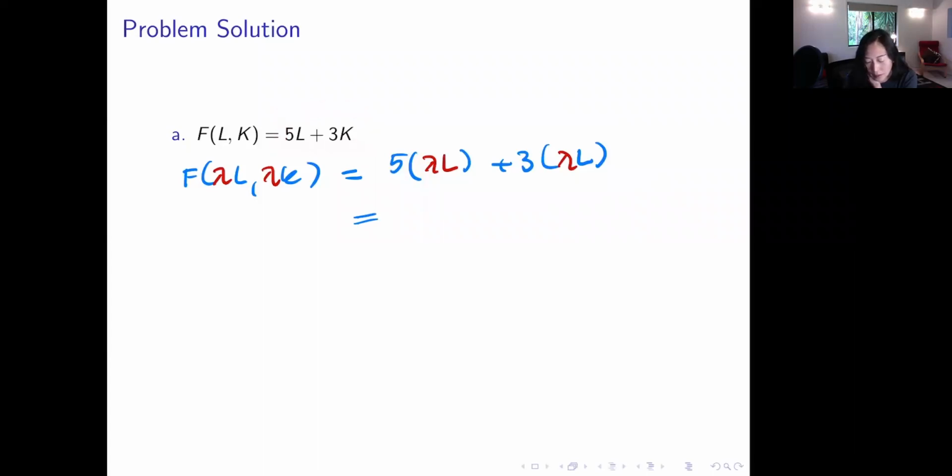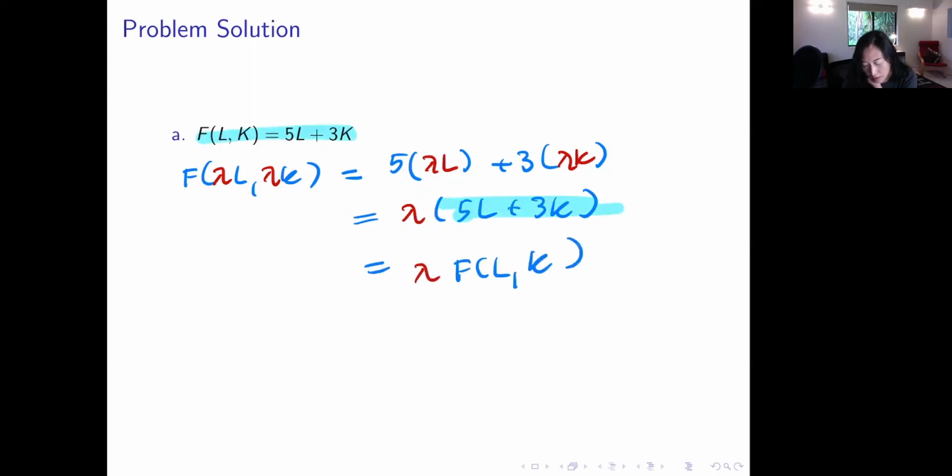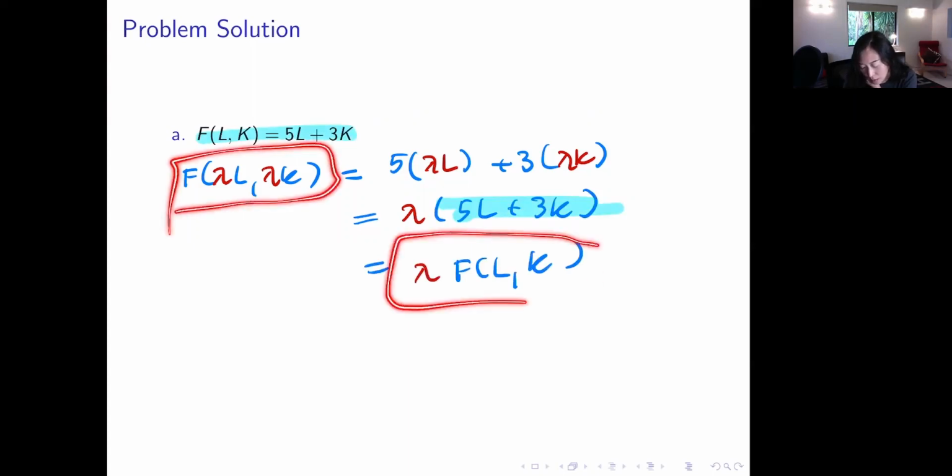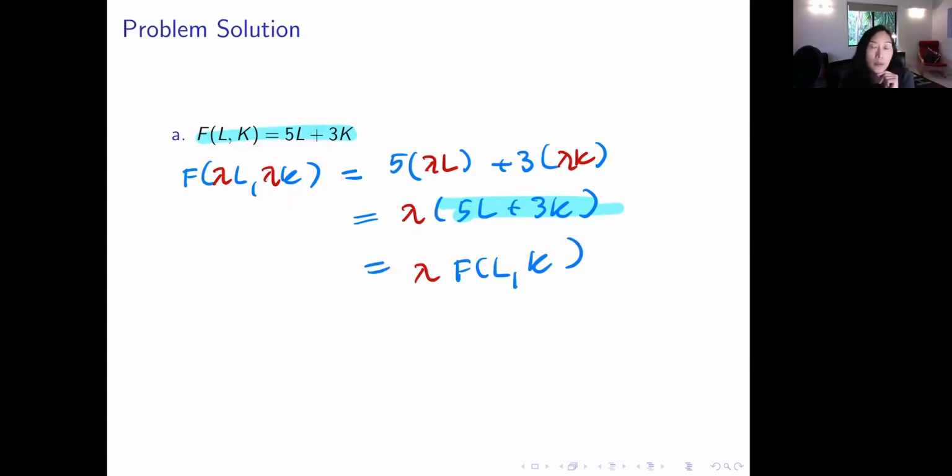Since I have lambda here, this has to be lambda K, not lambda L. So that has to be lambda K, okay? Sorry about that. So you can see that it is equal to lambda times 5L plus 3K, right? And this is my F of L, K. So that is equal to lambda times F of L, K. So this is exactly equal to that. So it's a constant return to scale.